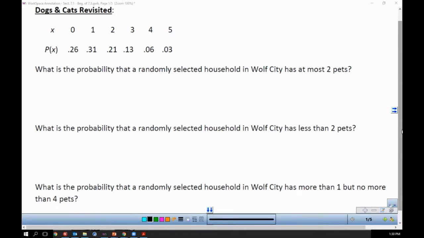They give us the distribution, and they just ask for different things here. First one: what's the probability that a randomly selected household in Wolf City has at most 2 pets? At most 2 pets. What are our possible values here? 0, 1, or 2.